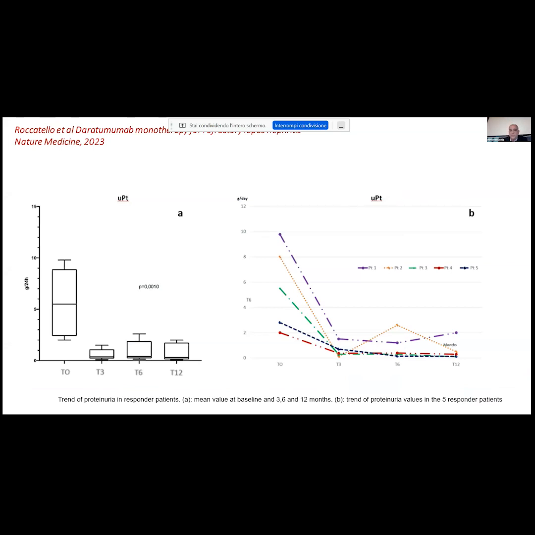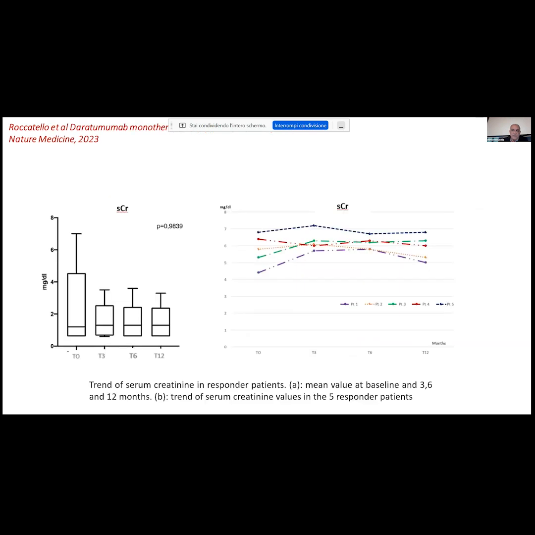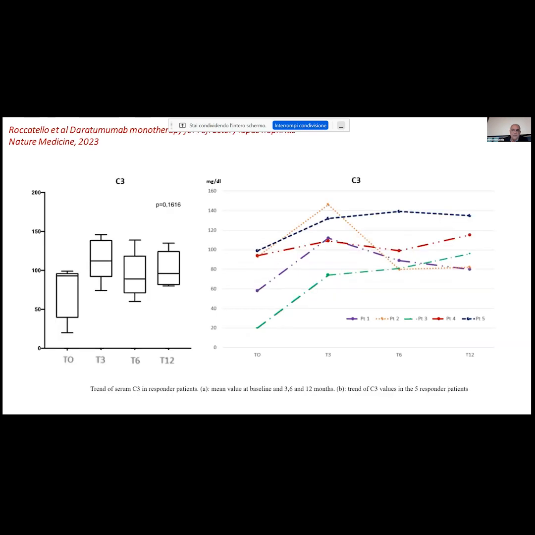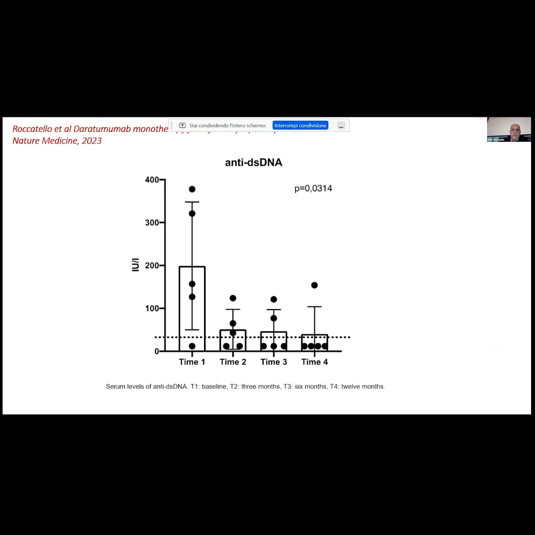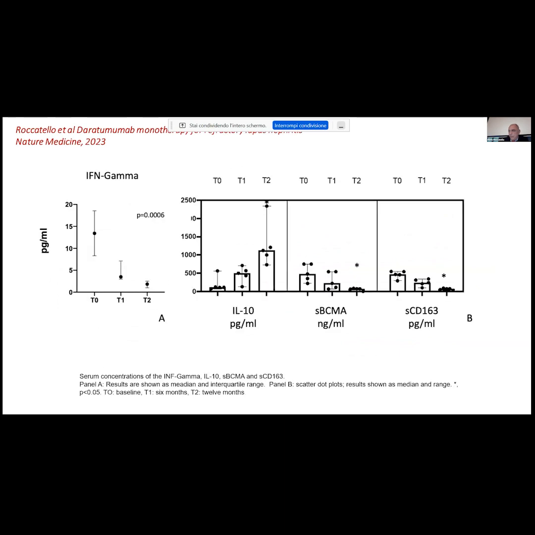And we obtained in 5 of these patients a nice decrease in the proteinuria, with stabilization of serum creatinine and amelioration of C3 and C4, and a decrease in anti-DNA.